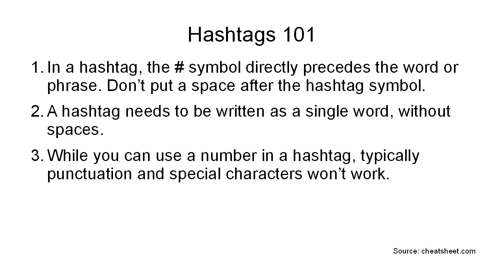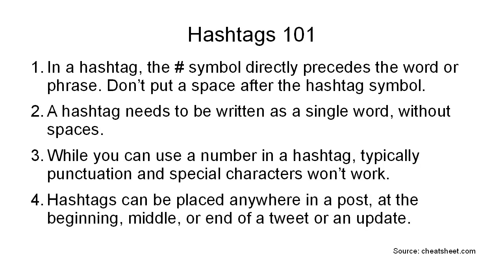Thirdly, while you can use a number in a hashtag, typically punctuation and special characters won't work, so just alphanumeric characters only. And finally, hashtags can be placed anywhere in a post. They can be at the beginning, the middle, or the end of a tweet or an update.